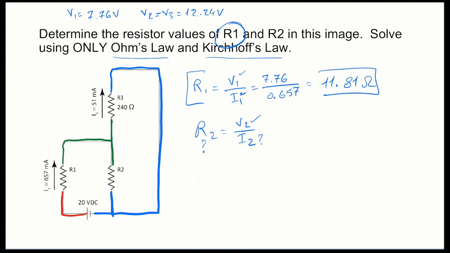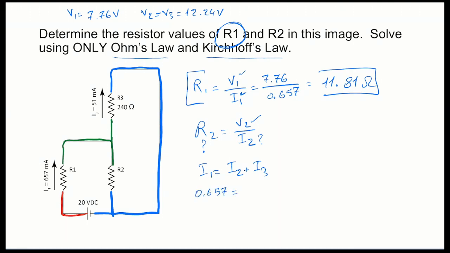So I1 is going to go here and here. So I1 is being branched off, meaning that intuitively I1 equals I2 plus I3.